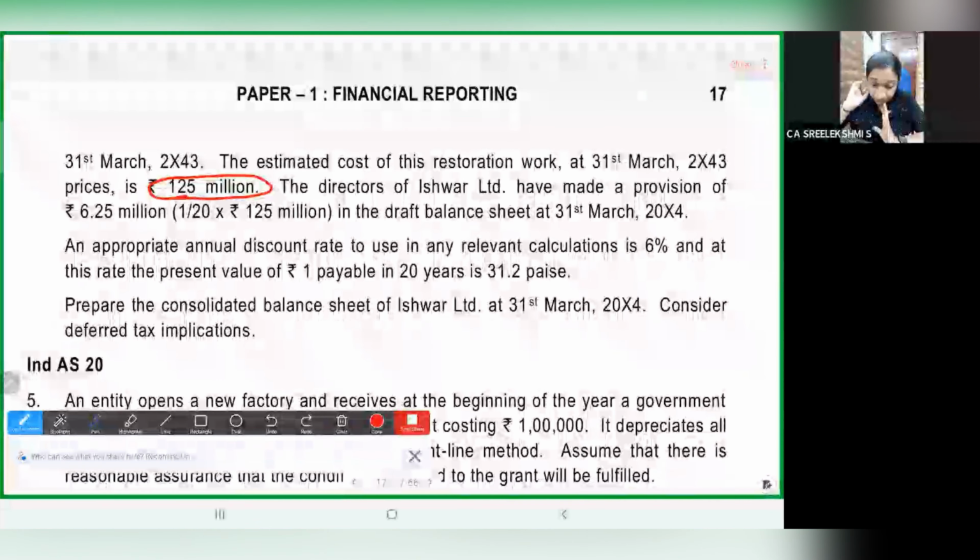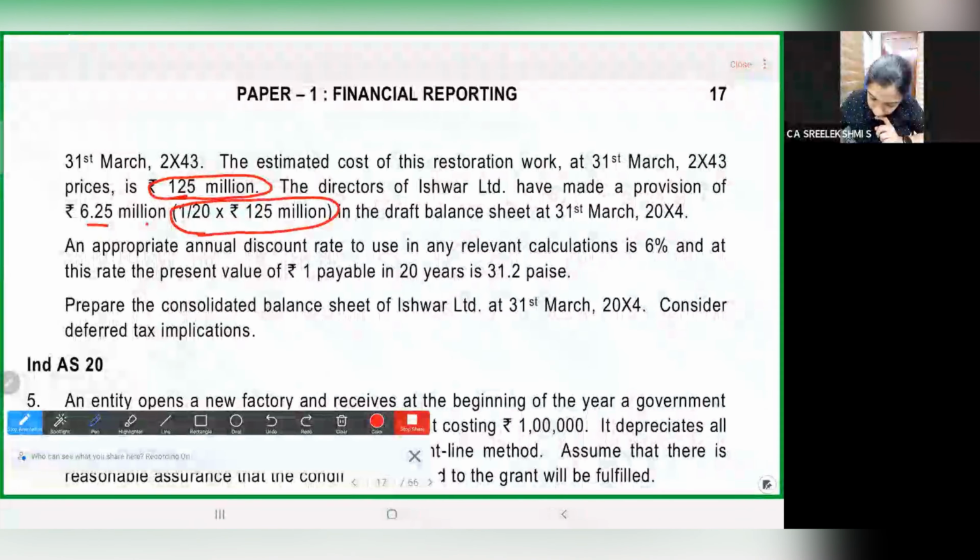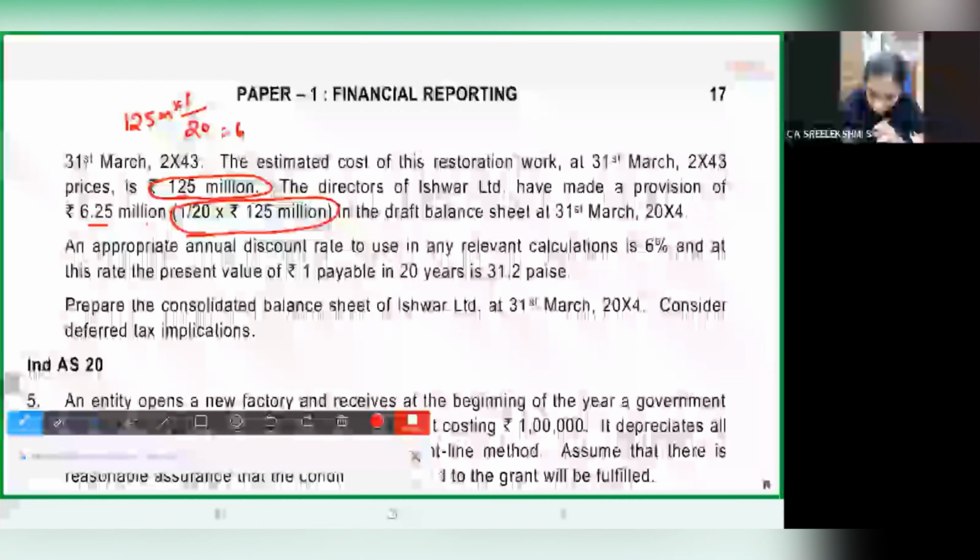The directors of Ishwar Limited have made a provision of 6.25. That is 1/20 of 125 million in the 20 years of the life of that building. 1/20 on a provision created.